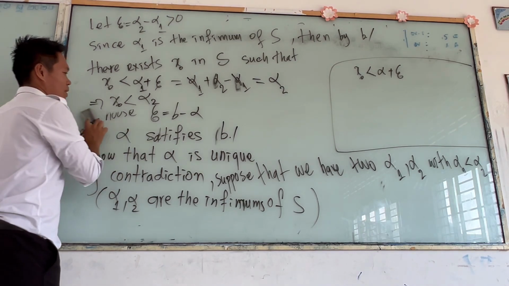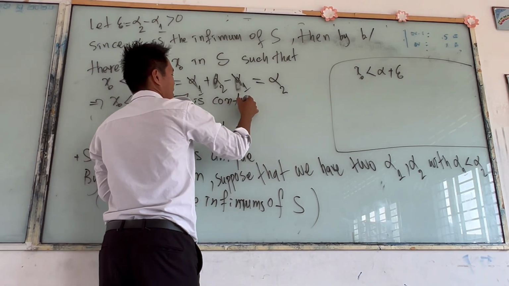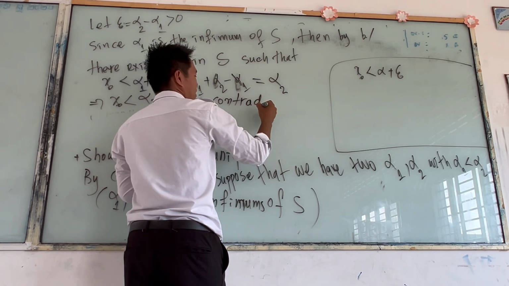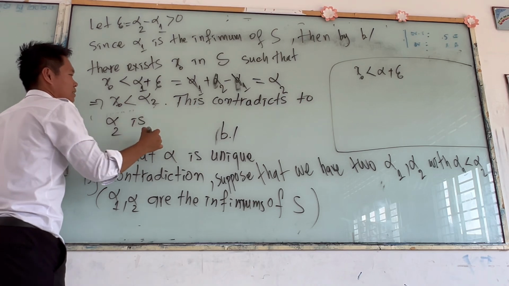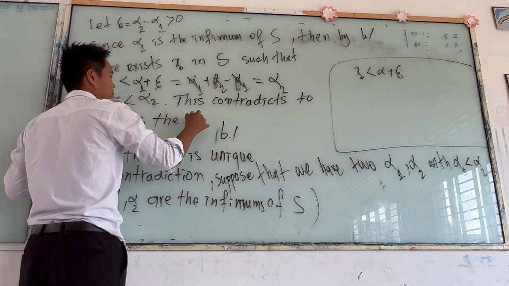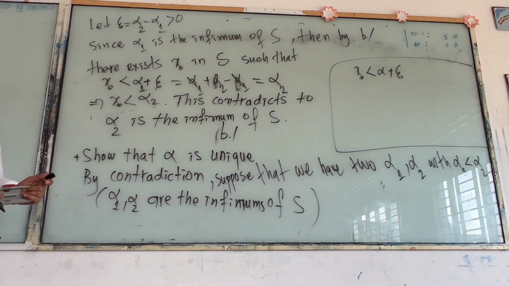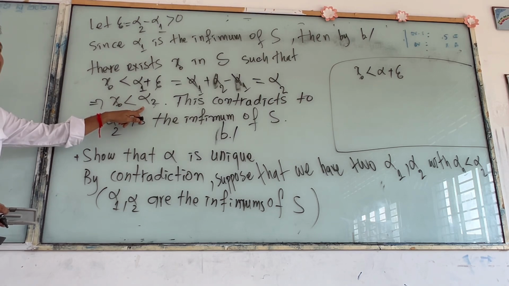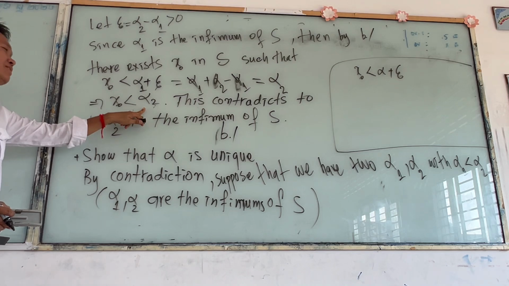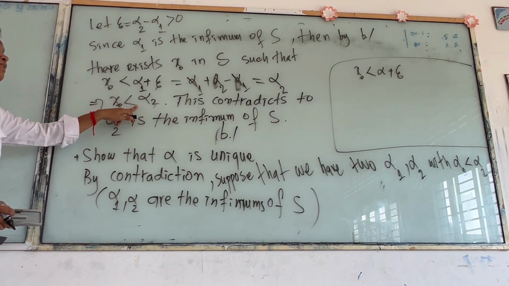And this is a contradiction. Why? You remember, alpha 2 is the infimum of S, and then alpha 2 is also a lower bound of S. If alpha 2 is a lower bound of S, that means for all x in S, x must be greater than or equal to alpha 2.